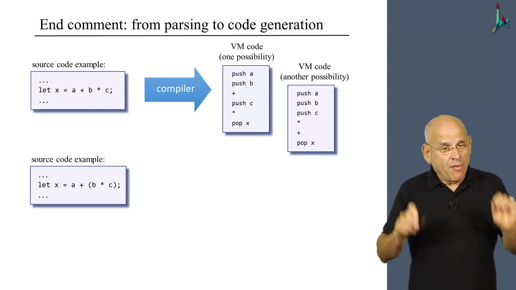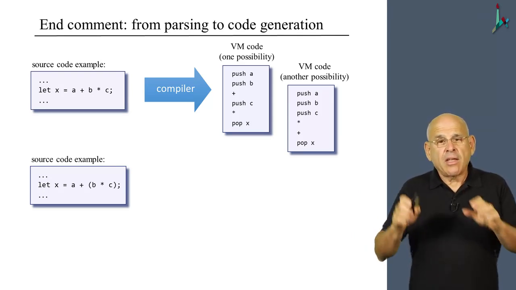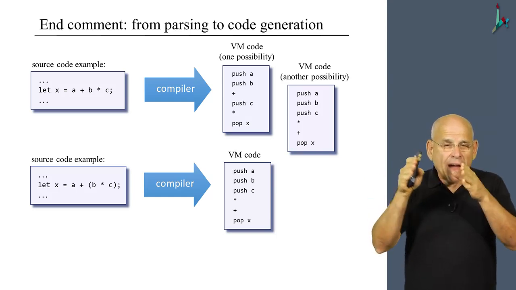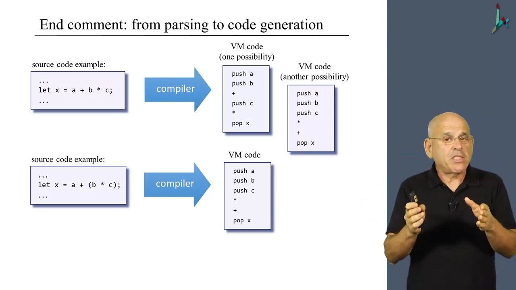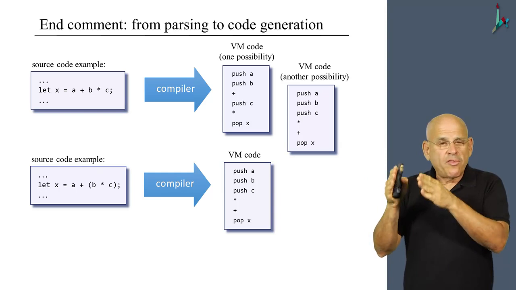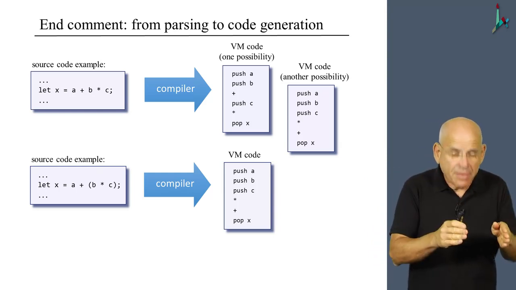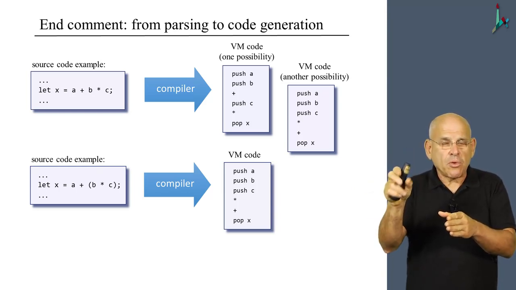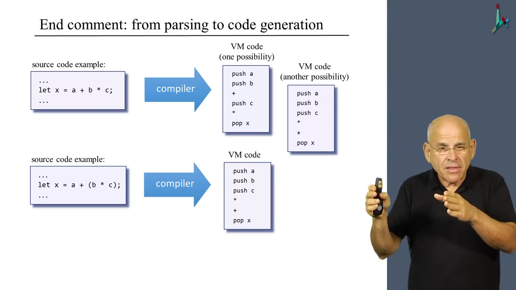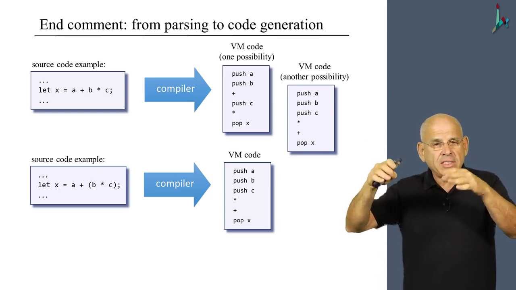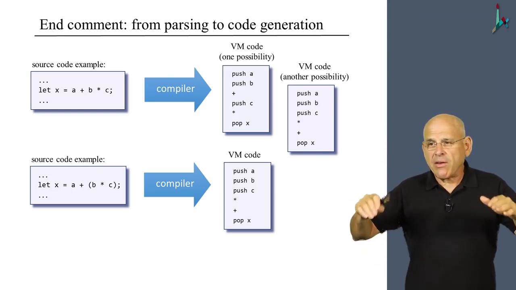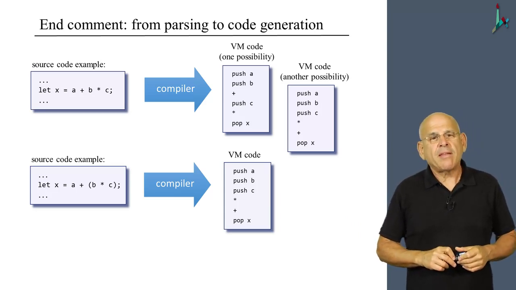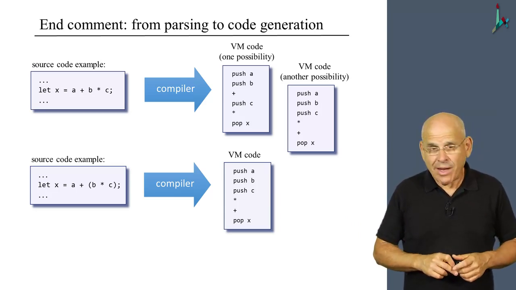So it's the job of the compiler in this case to generate only this particular version. If there are parentheses, they have to be respected, and so we have to view this expression as a, that's exp1, plus (b times c), this is exp2. So we generate code that evaluates a, then we generate code that evaluates b times c, and then we emit the add operation.